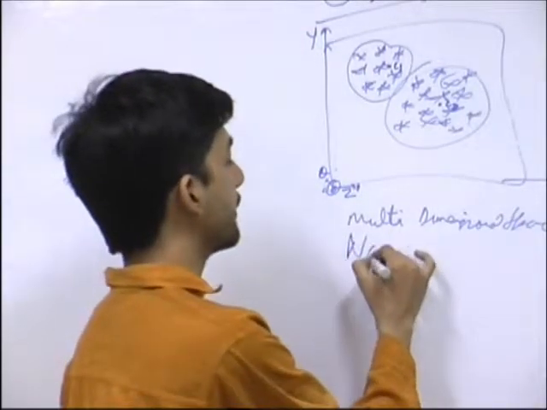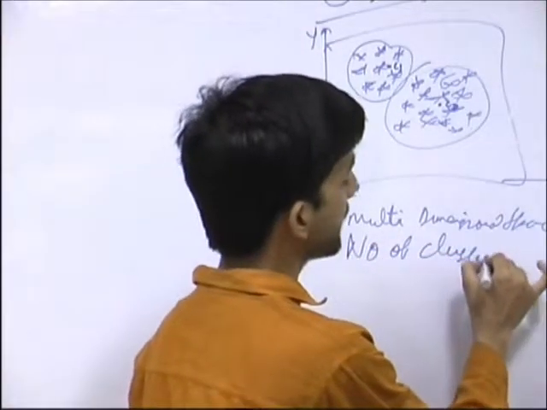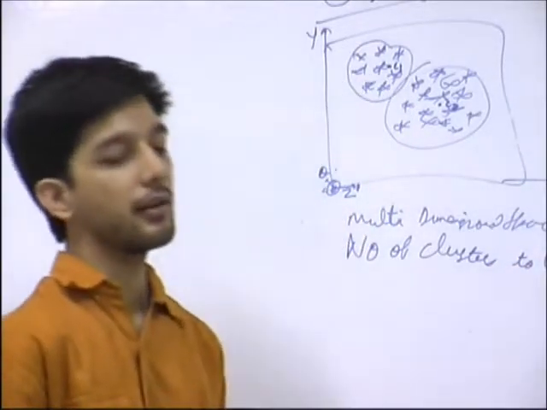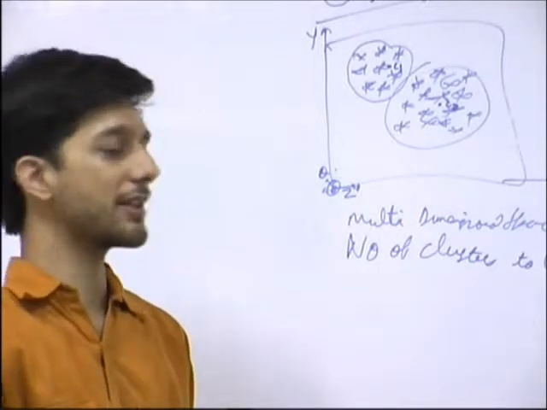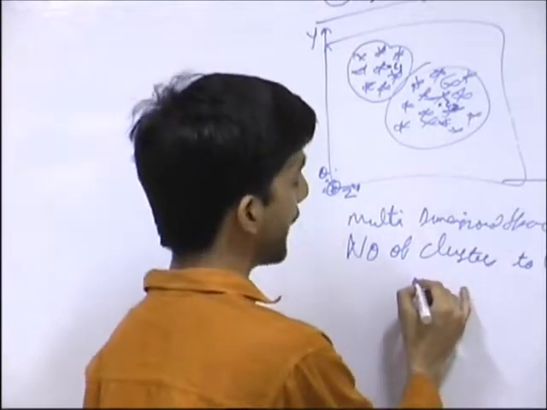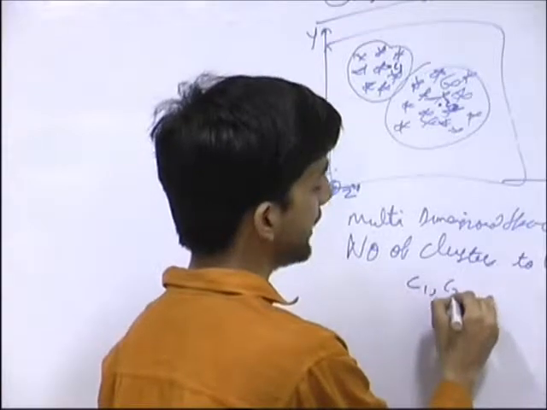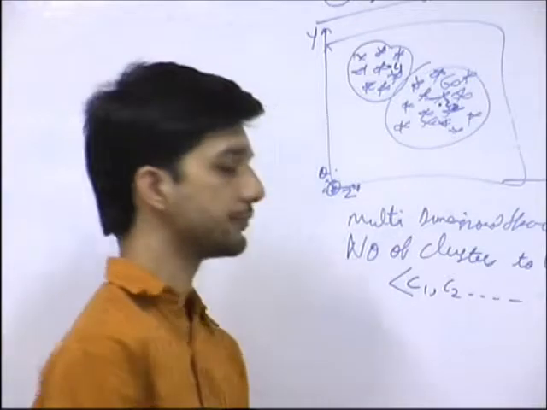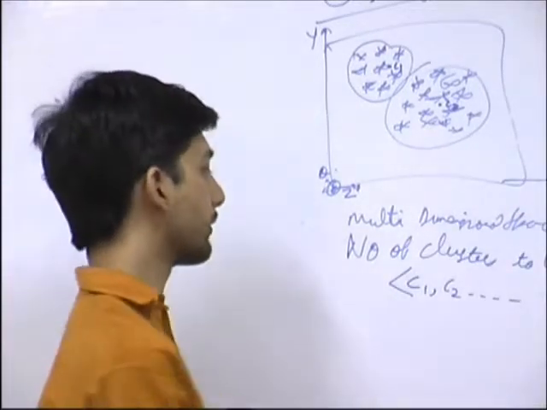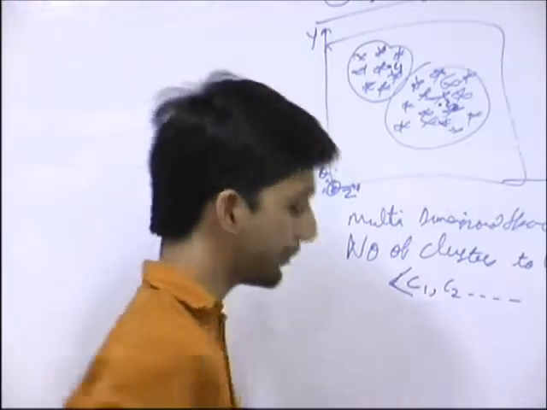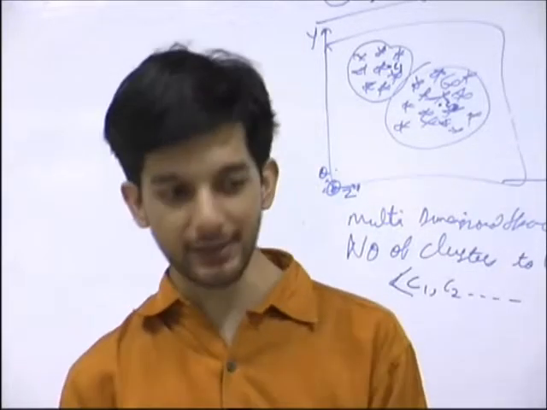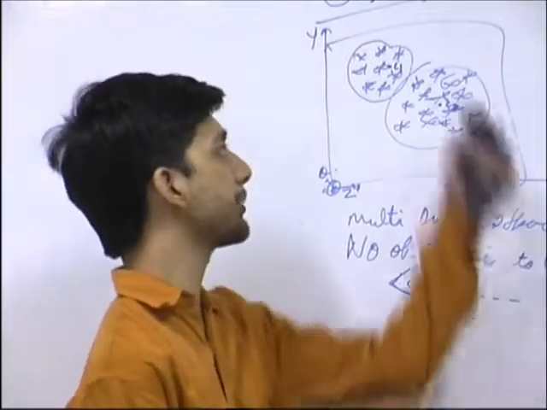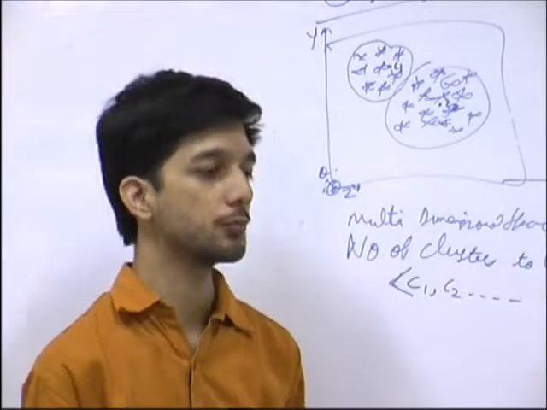So assuming the number of clusters to be n, when I say I am trying to do clustering, I am trying to find out cluster centers C1, C2, up to Cn. So in this space I had two clusters, C1 and C2.